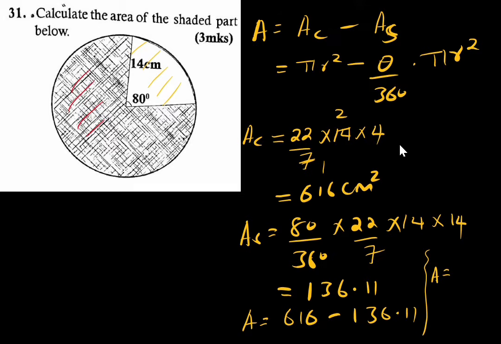Area is equal to, you'll find out that the answer is 479.11 centimeters squared. So that is the area of the shaded part. So we get those 3 marks. 1 mark is for getting the area of the circle. The other one is for getting the area of the sector. And then finally subtracting the 2 to get the area of the shaded part. We continue to the next question.